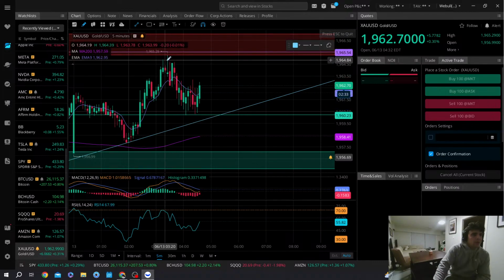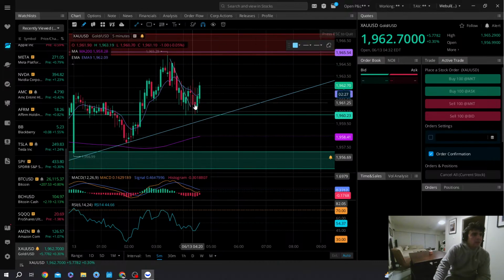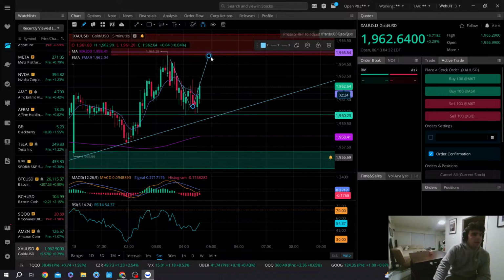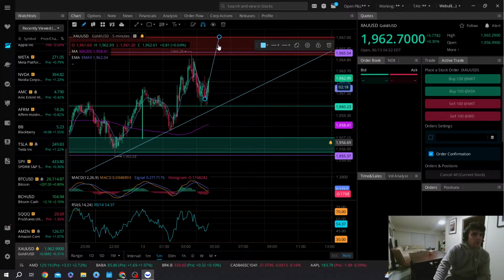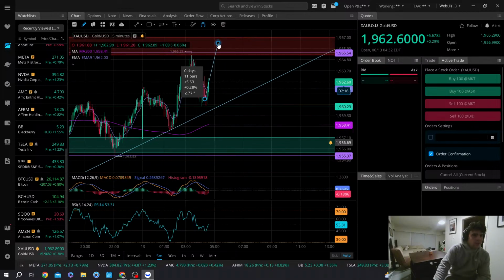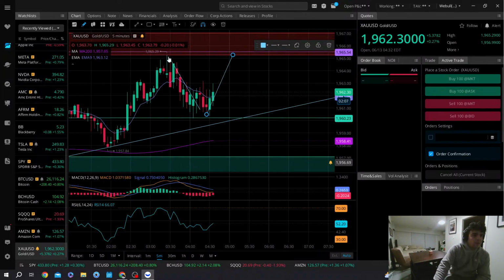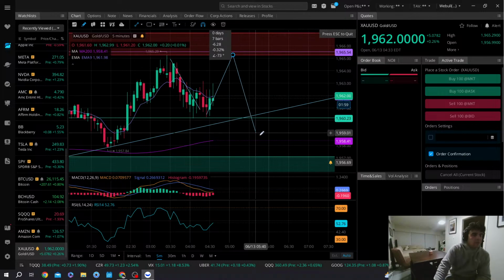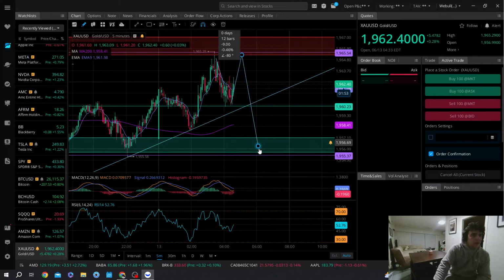A double top is when it's made a top here, it's wicked out, come back down, found consolidation, then it's going to come back up and either break through the high of the day, aka the purple line, break through our hourly resistance, and move on up, or it's going to come back up to this range, wick, and then come back down, break through the uptrend, and follow through back down to the low.